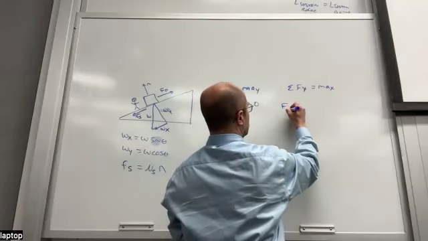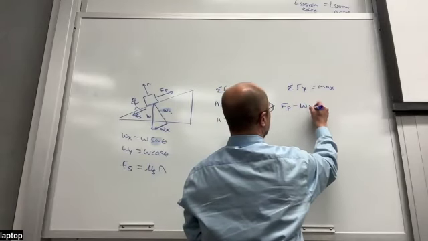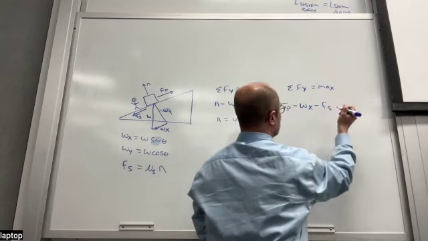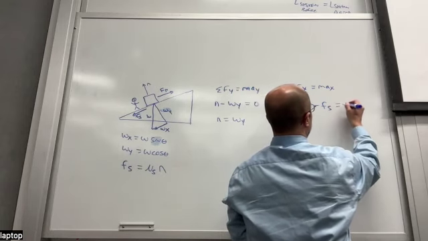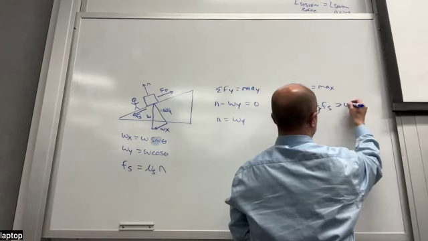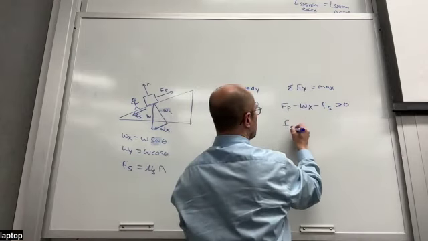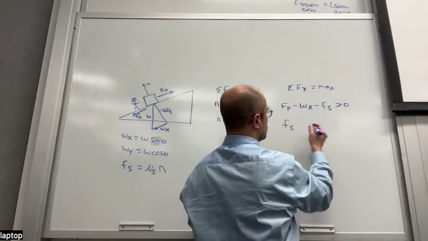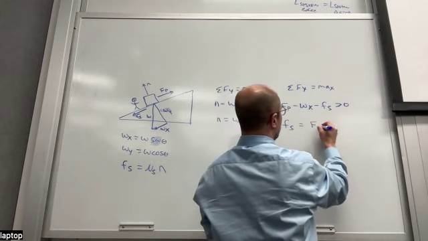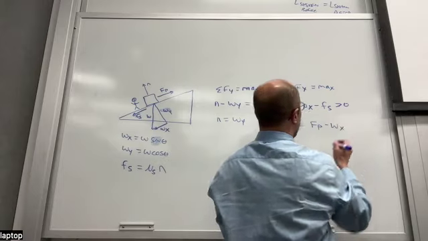But what we see is that it's FP minus WX minus the force of static friction, and this has to be just larger than 0. Or what we see is the force of static friction is going to be FP minus WX.